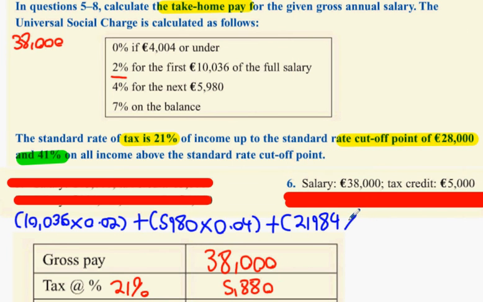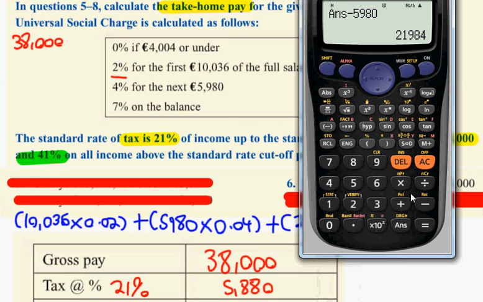21,984 multiplied by 0.07. Now, I have to do this all in the calculator.